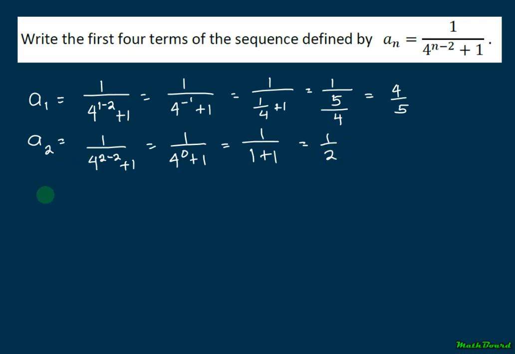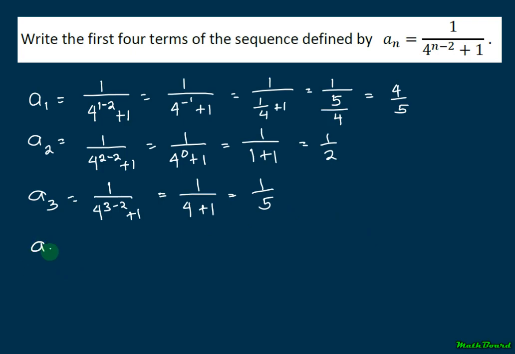Okay, then the third term is just 1 over 4 to the 3 minus 2 plus 1, which is equal to 1 all over 4 to the 1 plus 1. And that is equal to 1 over 5.